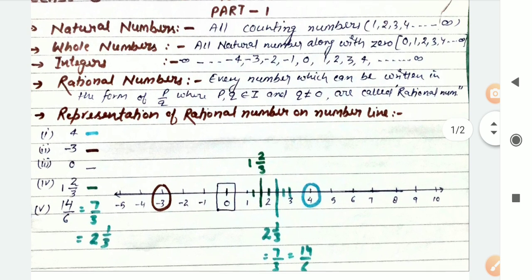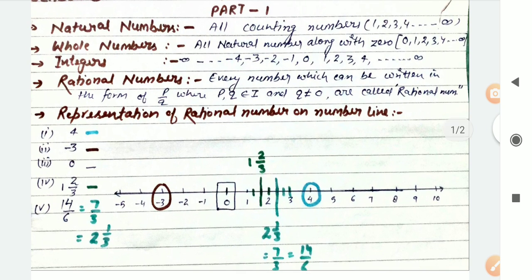Before starting rational numbers, I would like to recall the number system in which we have learned natural numbers, whole numbers, integers, and rational numbers. So without wasting time, let us explain what natural numbers are. As you know, all counting numbers are called natural numbers.